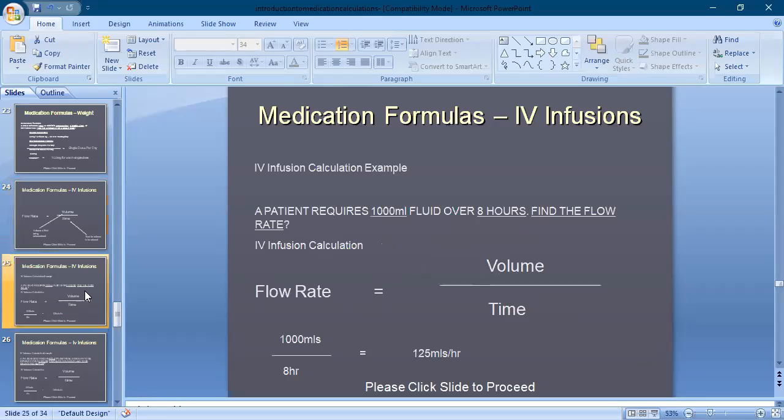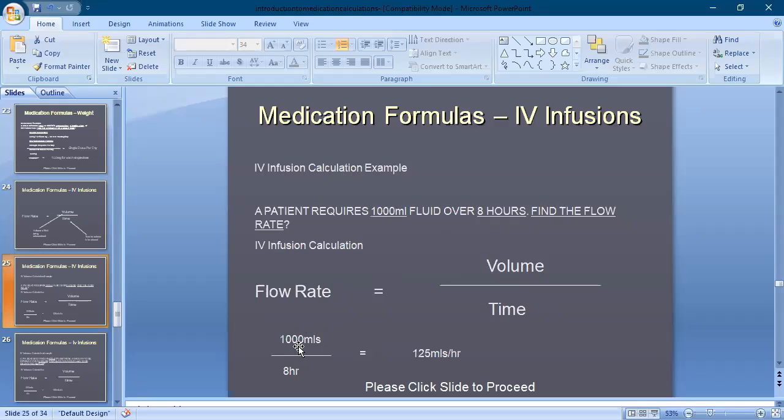So go next. IV infusion calculation example: a patient is required to receive 1000 ml of fluid over 8 hours. Find the flow rate. We know the flow rate formula equals volume in ml divided by time in hours.